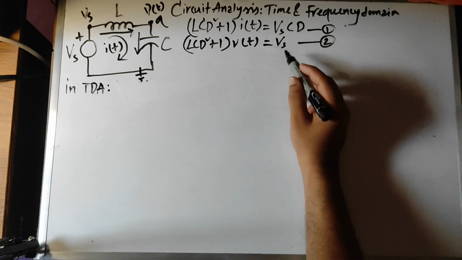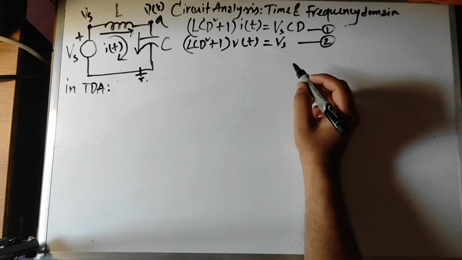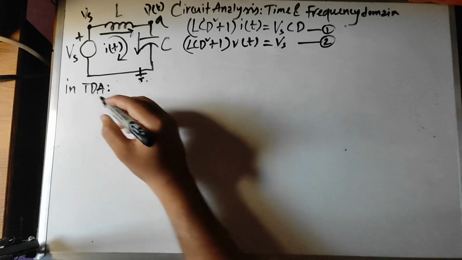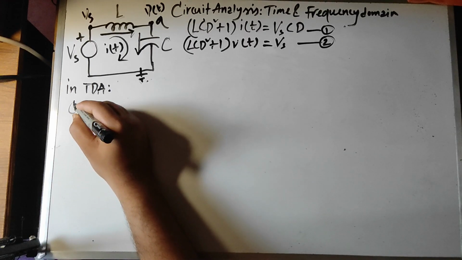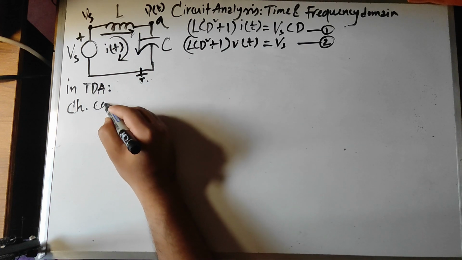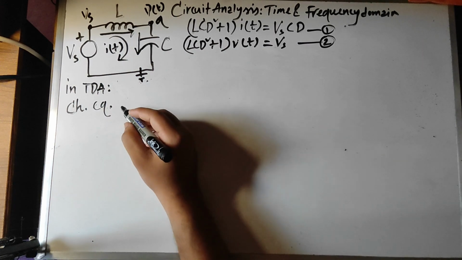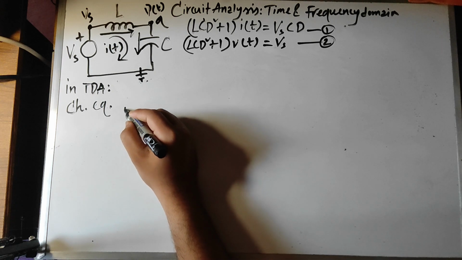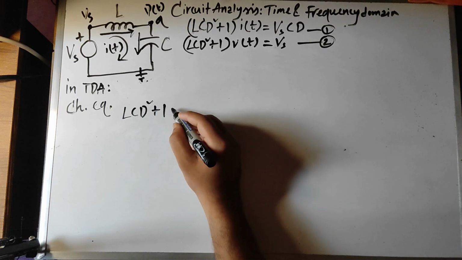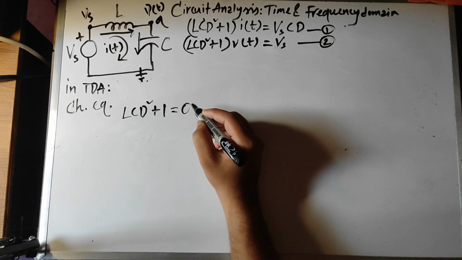So these are our two equations. Now let us find the transient response. For that we have to find the complementary solutions, and so the characteristic equation of this LTI system is LCD squared plus 1 equals 0.